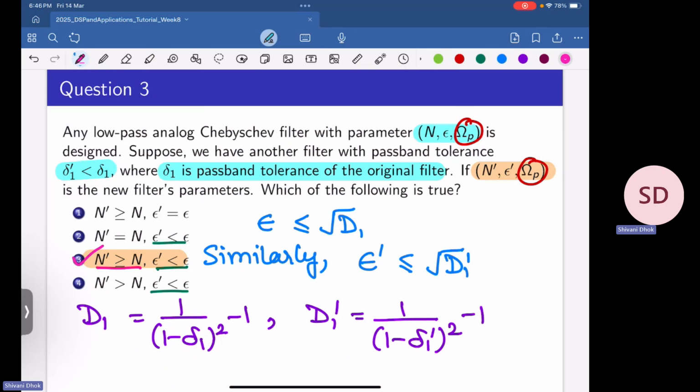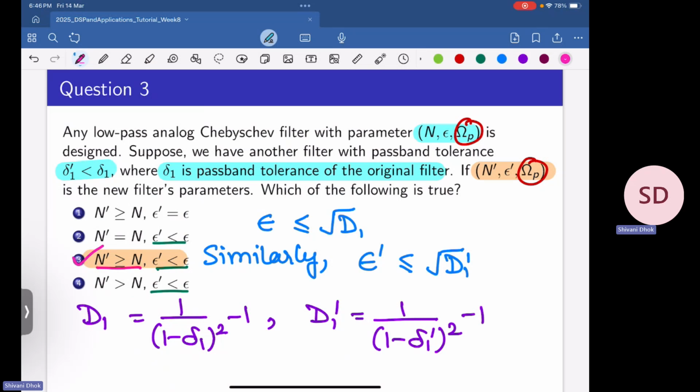Now what we are changing is the passband tolerance. We are making the passband tolerance smaller. Now if we want to make the passband tolerance smaller and smaller, we are moving closer and closer to our ideal filter. And to design an ideal filter, we want a higher order. So as soon as I reduce the passband tolerance, the order should increase.